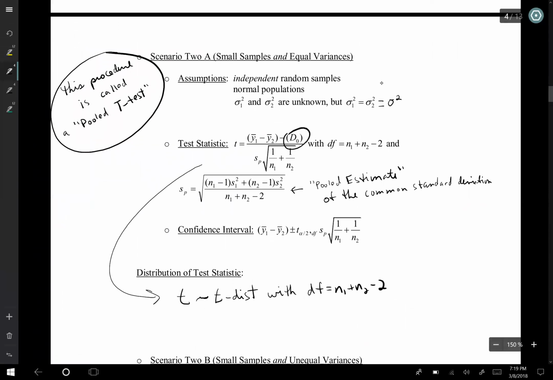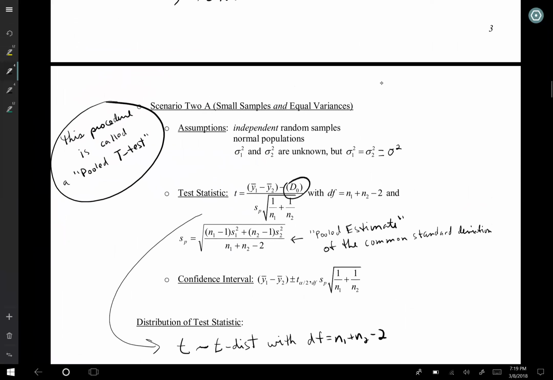Yes. For our class, D naught is almost always going to be 0. In fact, I could probably say for all the examples and problems y'all will work through, and even problems on the test, that number will be 0. That's just because we want to find out if it's negative or positive.